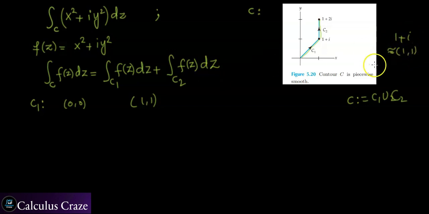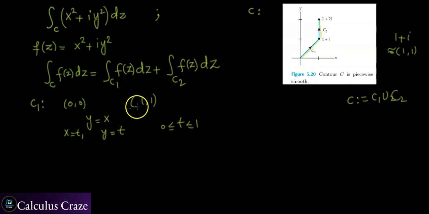Now if I make a line out of these points, the line turns out to be y equal to x. So if we set x to be t, then y also has to be t, and of course t is running between 0 and 1. Why? Because when we have x equal to 0, we have 0, 0, and when we have x equal to 1, we have the point 1, 1.